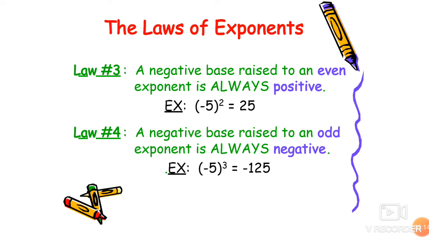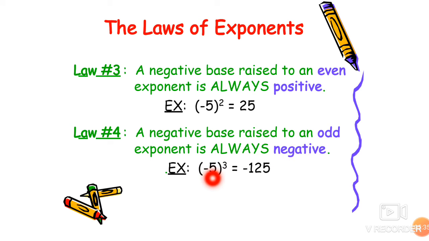Third one, a negative base raised to an even exponent is always positive. If we have a negative number in the base and the exponent is an even number, then the answer is always positive. Law 4, the negative base raised to an odd exponent is always negative.